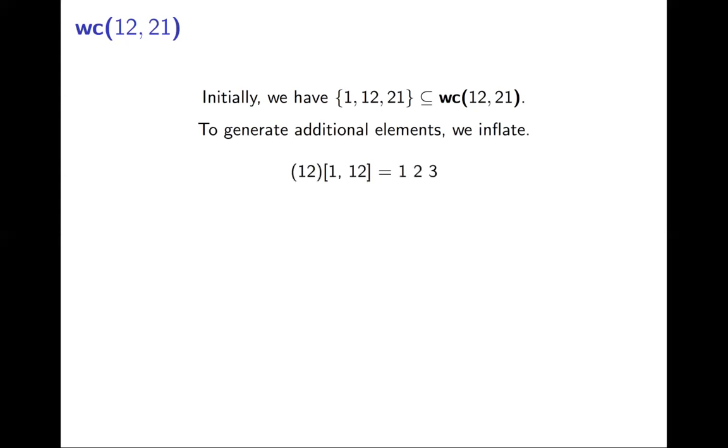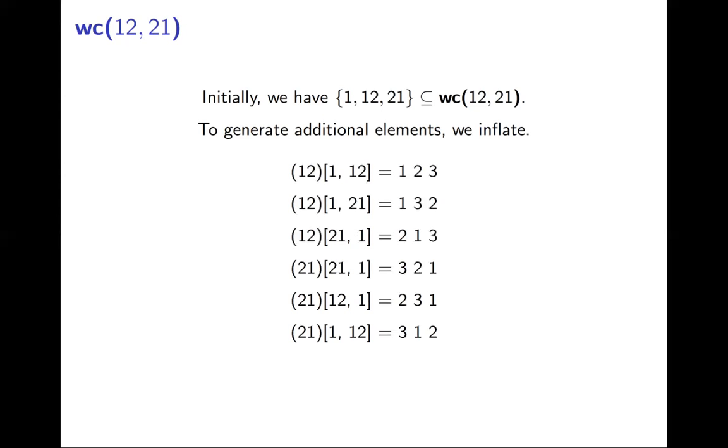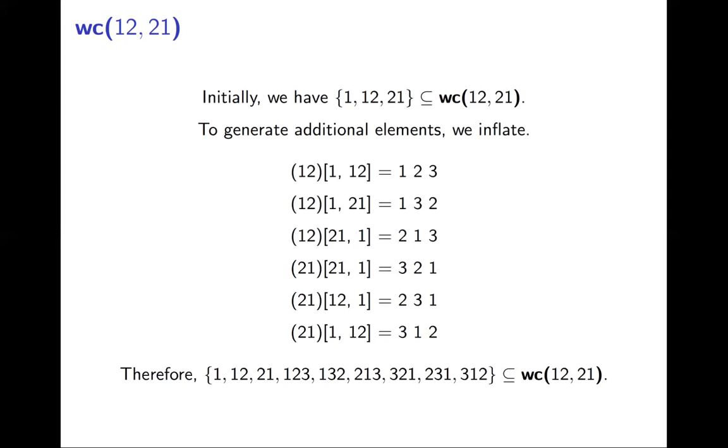So one example of things that we can inflate is 1, 2 by 1 and 1, 2, because all these permutations are in this set right here. And we continue inflating combinations of these permutations. And eventually, we get all 6 length 3 permutations. So that means that all 6 length 3 permutations are also included within the Reed closure of 1, 2, and 2, 1.